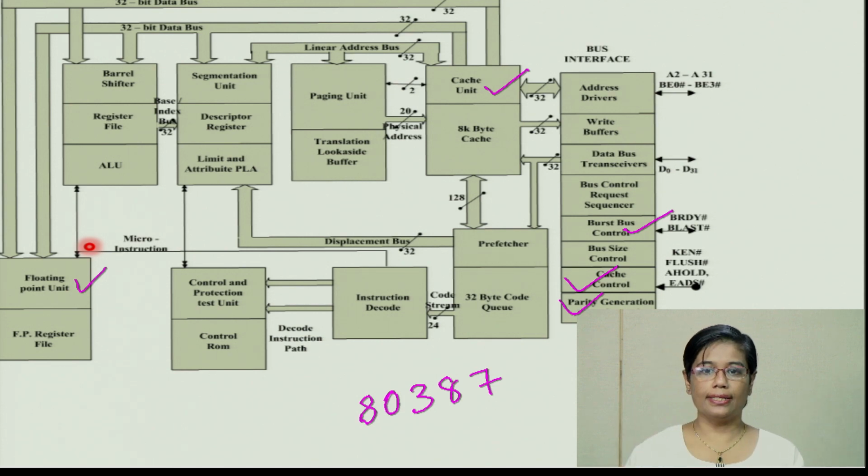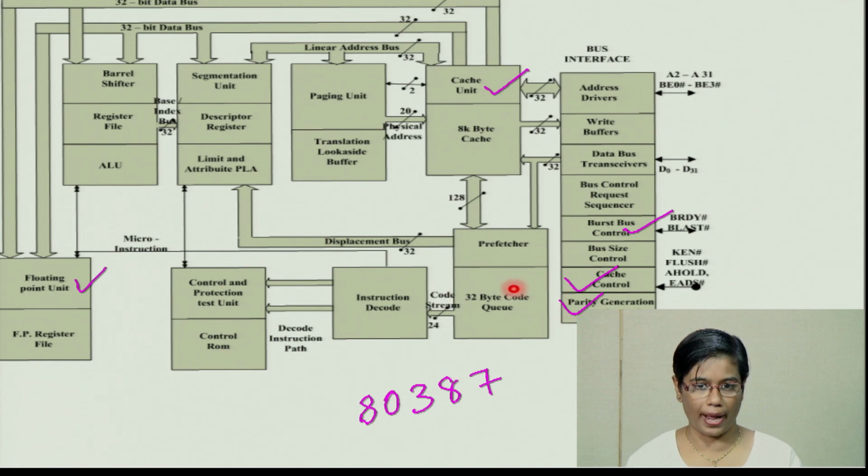Now, what else is there in 80486? Similar to 80386, once the instructions have been fetched, they move to the decoding unit. So there is an instruction prefetcher with a 32-byte queue. That was also there in case of 80386. It means 32 bytes of instructions are fetched in advance and put into the 32-byte queue.